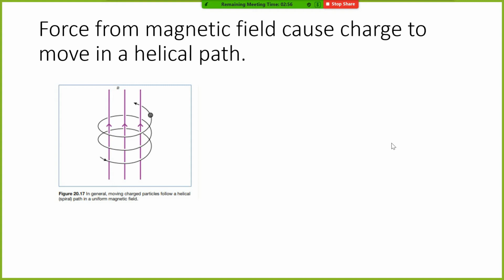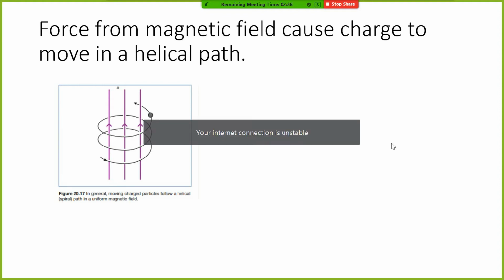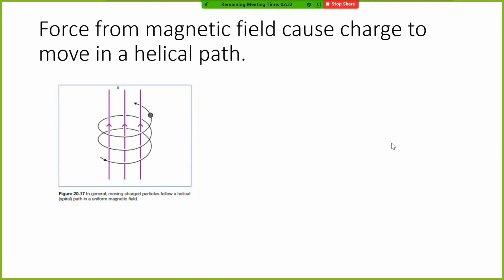This is where a little bit of knowledge of circular motion is going to come into play. We're going to look at that soon. But just remember how the electron, or the charge, is moving. It's not moving in a straight line. It's moving in a helical path, like it's climbing its way all the way up until it reaches the next end of the conductor.